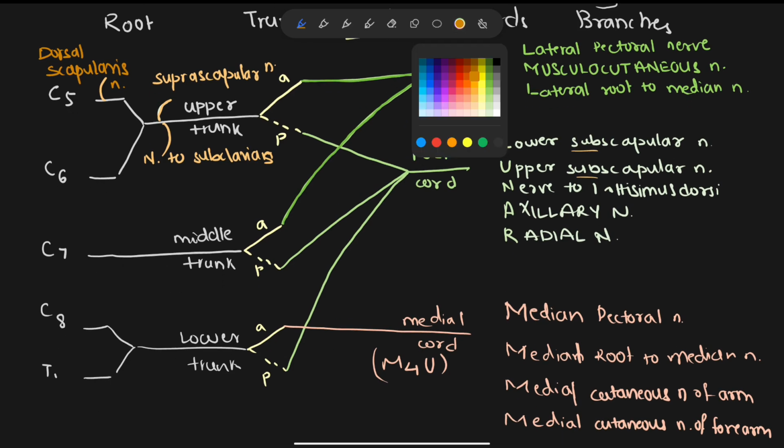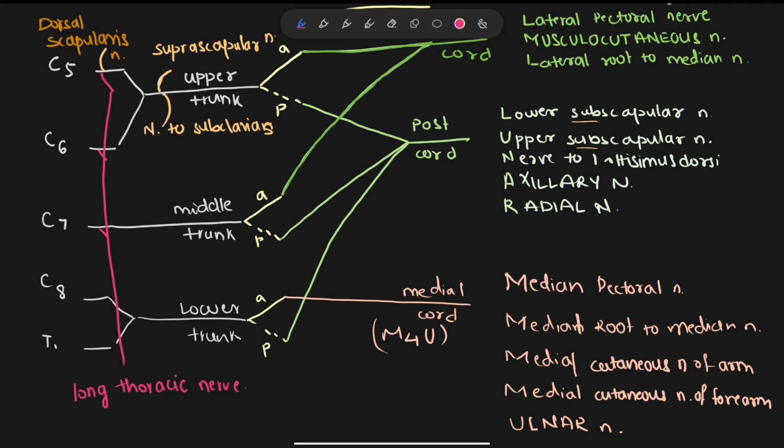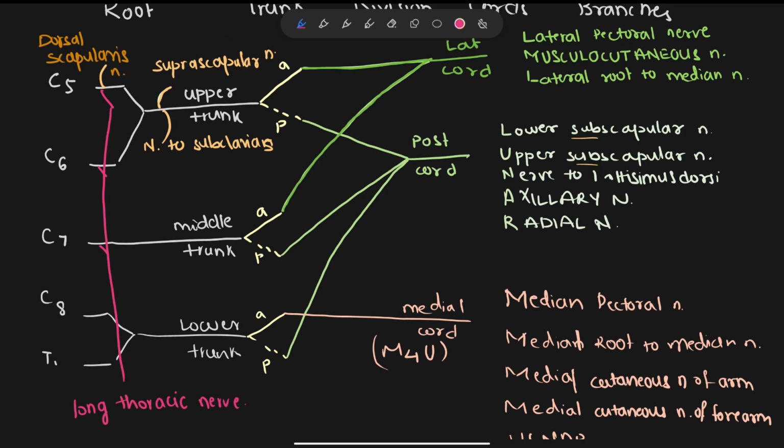And we have one more branch, which originates from the C5, C6, C7 roots. This is the longest nerve, named the long thoracic nerve. So we are done here.